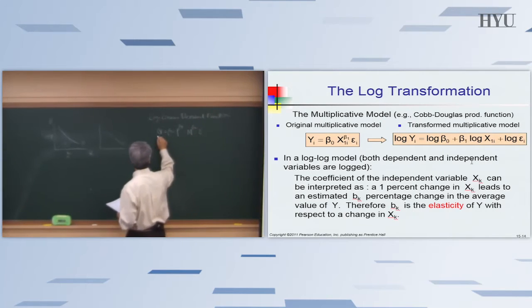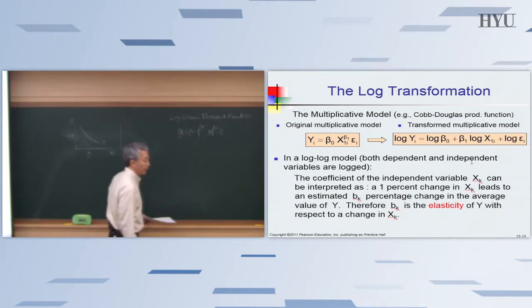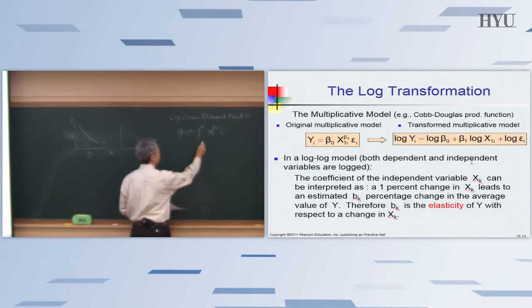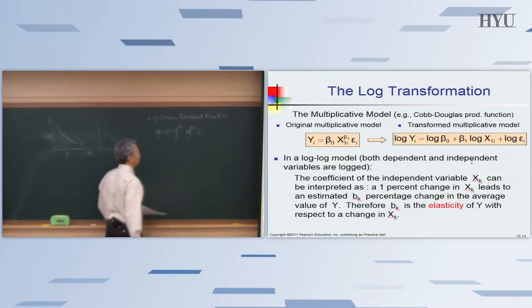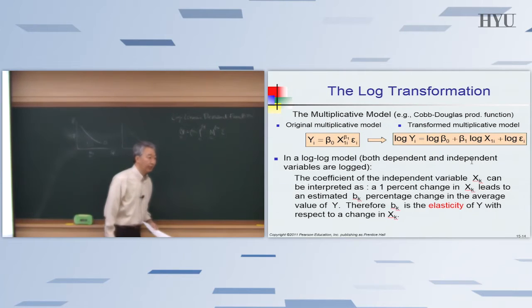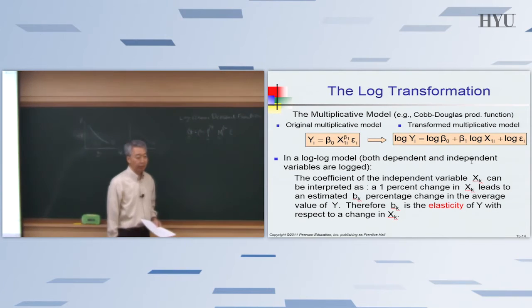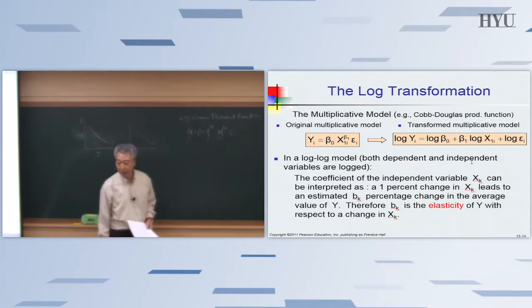Well, Q is, of course, quantity demanded, okay? P is price, okay? M, any idea? What would M stand for? Money? What money?